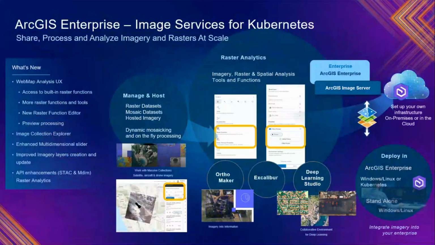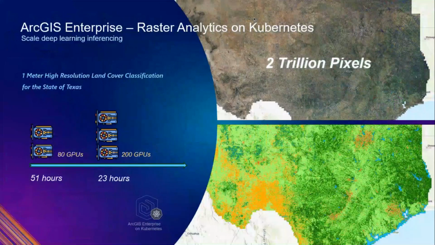So you take your data, you have it either hosted within ArcGIS Enterprise or referenced by ArcGIS Enterprise, and then you can set up these processes which run and extract the information from imagery potentially very rapidly. This is just an example of taking a 2 trillion pixel dataset, actually NAIP imagery in the US, and then doing land cover classification.